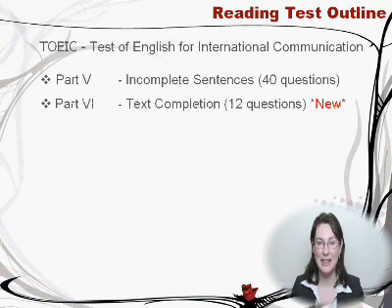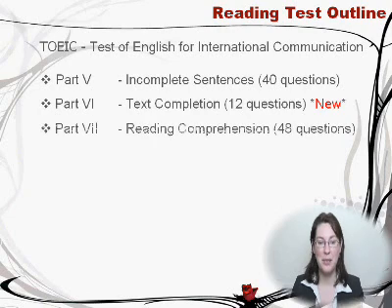Part 6 is text completion, and there are 12 questions. Please note that this is a new part, so some of you may know the old one. I'm going to be teaching you the new part, which is being used throughout Asia and Canada as of this year. Part 7, reading comprehension, has 48 questions.